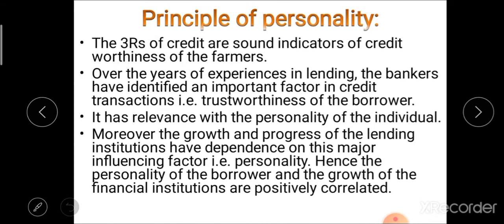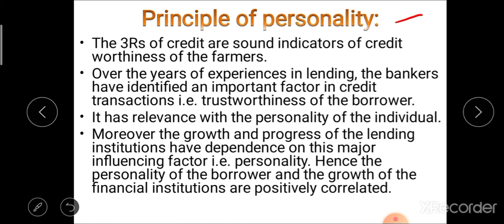After that, second P, that is principle of personality. This personality principle is nearly related with the first C, that is character. Whatever the characters of that particular borrower, like honesty, integrity, trustworthiness, etc., can affect the creditworthiness of that particular farmer.